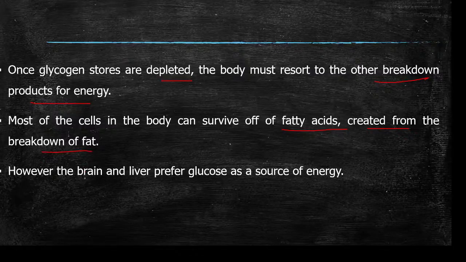But our brain and liver prefer glucose as a source of energy. They don't easily take up fat breakdown products, that is, fat breakdown does not easily start in the brain and liver for the generation of ATP. So they mainly depend on glucose.